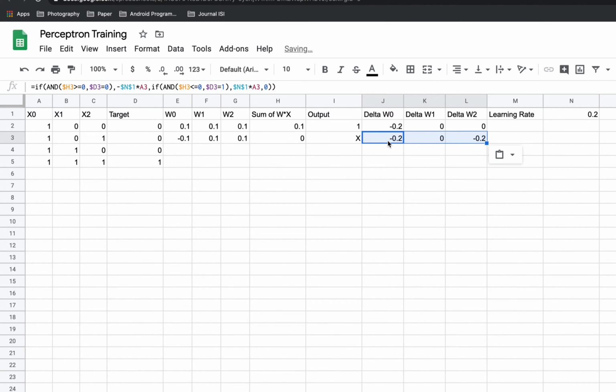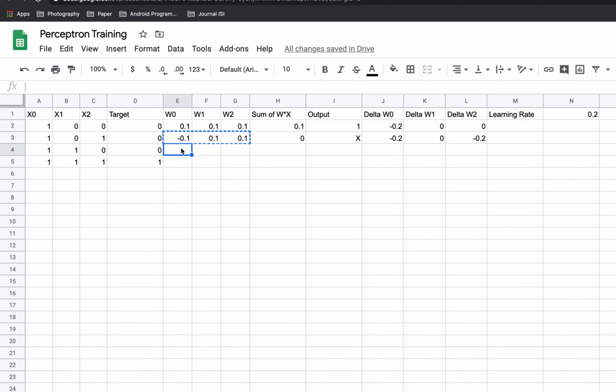We have to adjust w0 and w2 because w1 is 0, right? In this case, the target is 0 but the summation is 0. So we have to decrease the weight by using eta x.